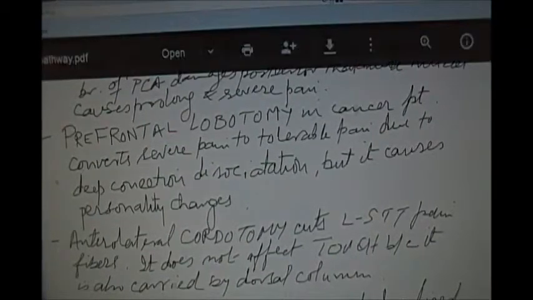In cancer patients who have severe pain, a prefrontal lobotomy is done, and that converts severe pain to a tolerable pain due to deep connection dissociation, but it causes personality changes.